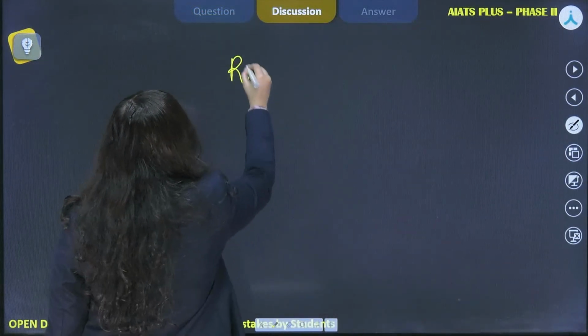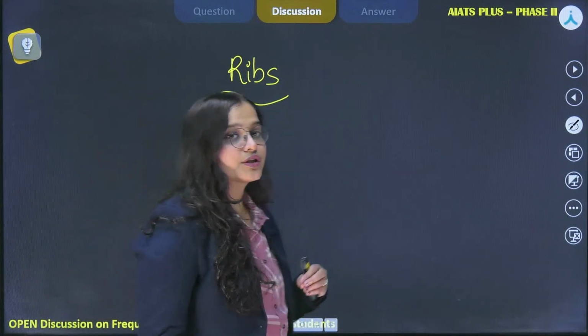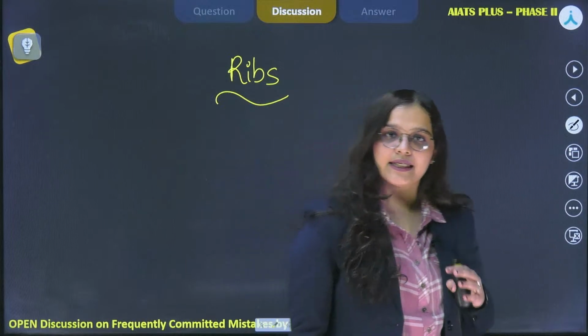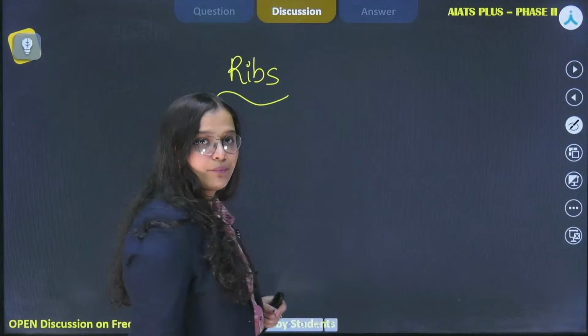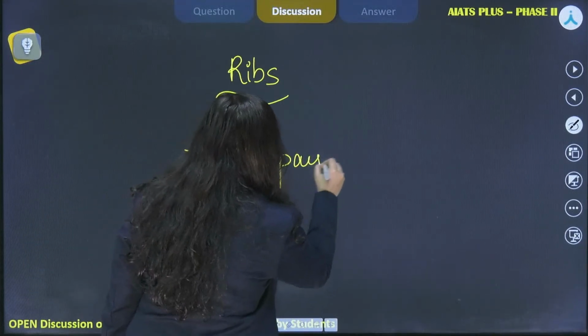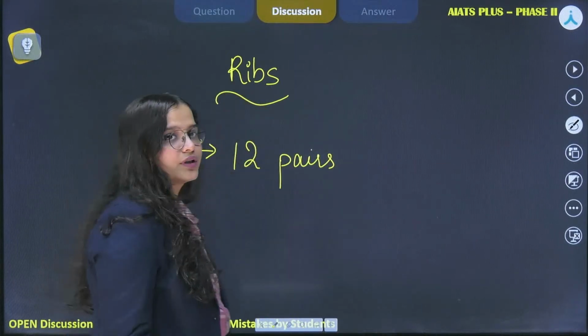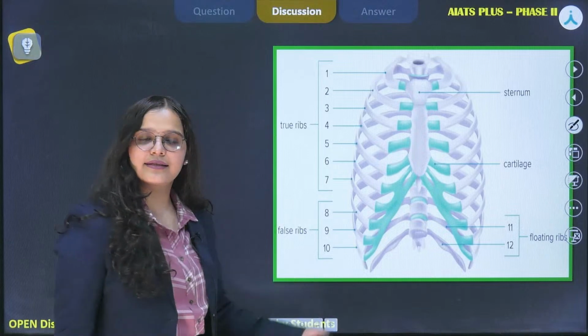So ribs are basically flat bones which constitute our thoracic cage. We have 12 pairs of ribs and they constitute the thoracic cage, as you can see in this diagram.